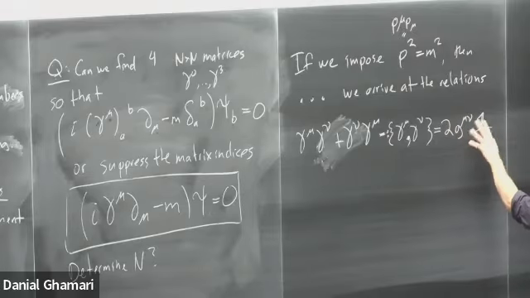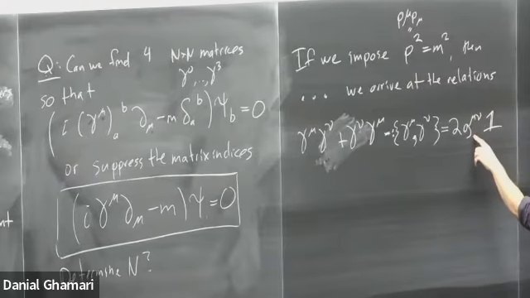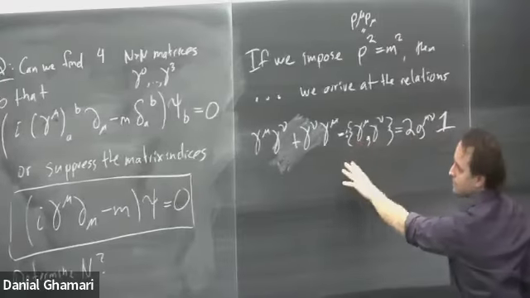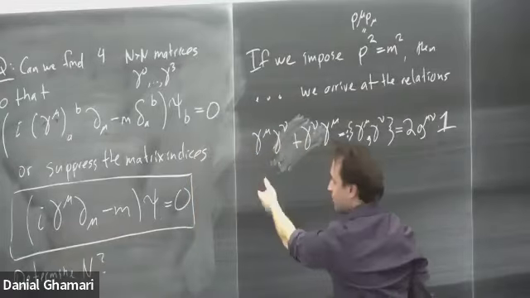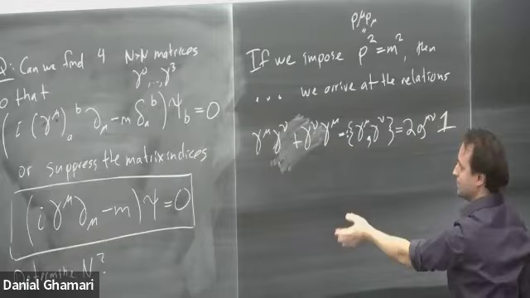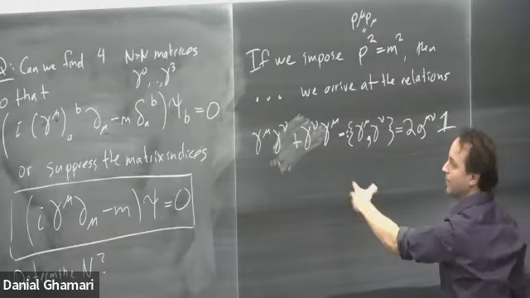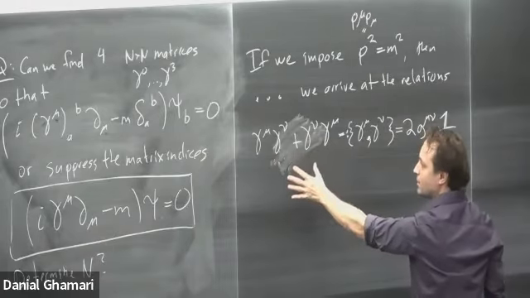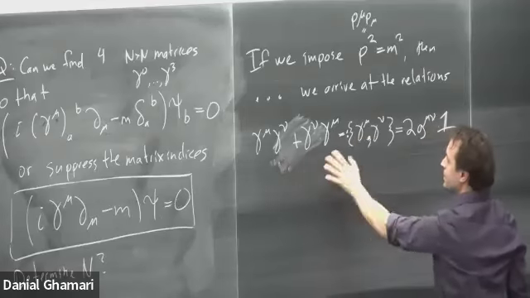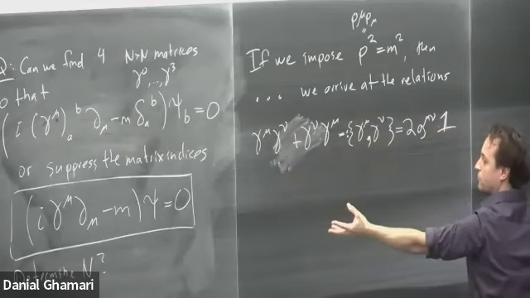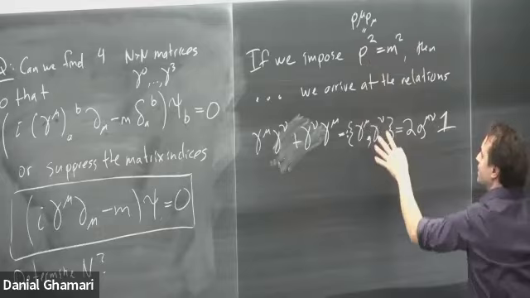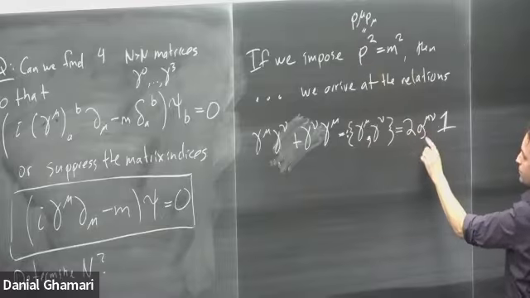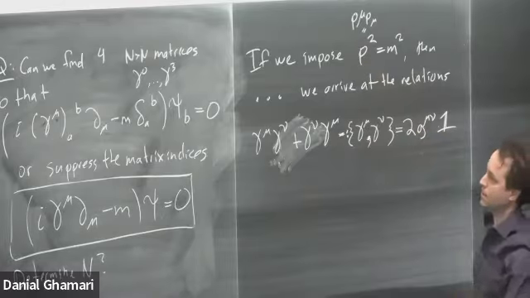So what does this mean? It means that on this side, there's no contraction or anything happening. This is just a scalar number times the identity matrix. You have to grind out a lot of algebra, but the outcome, and I don't want to spend a million years going through the derivation, is that the anti-commutator of whatever matrices you use to impose this condition has to be given by 2 times these numbers times the identity matrix.